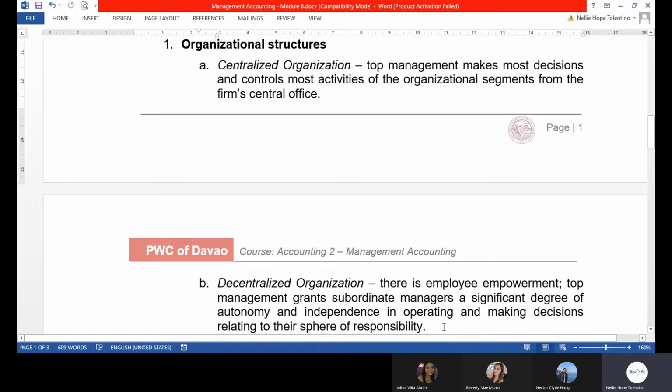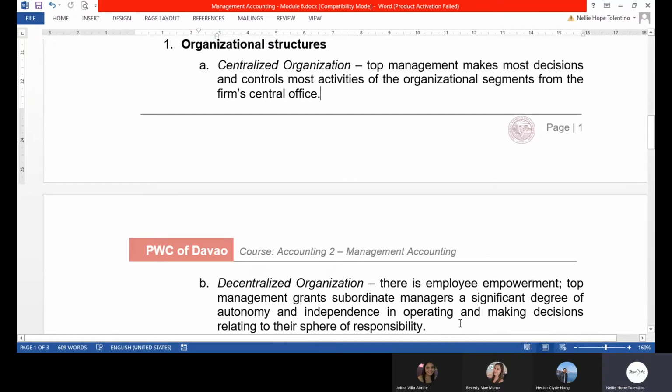Halimbawa, nag-away sila, hindi niya na kailangang dumiretso sa top management. Pupunta na siya sa next level of authority, yung manager na directly nagsusupervise sa kanya. Hindi kailangan punta agad siya sa CEO. Sa decentralized organization, maraming level of authorities na sinusunod.